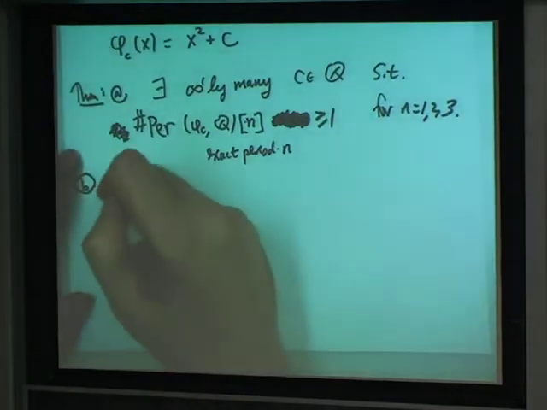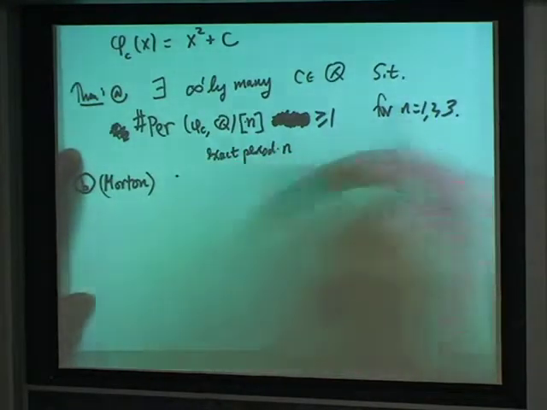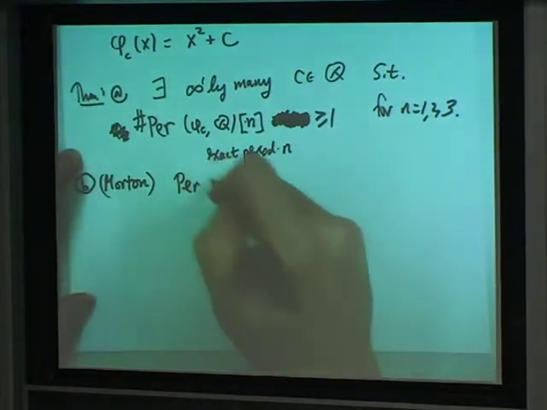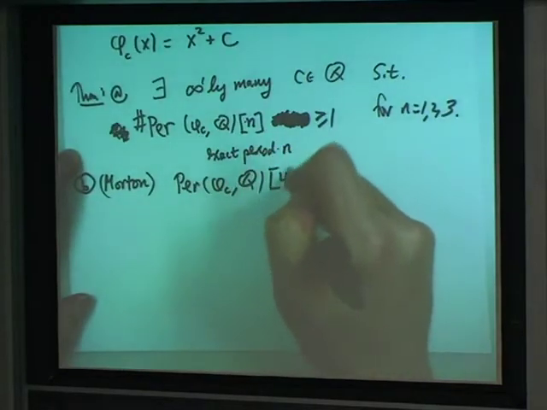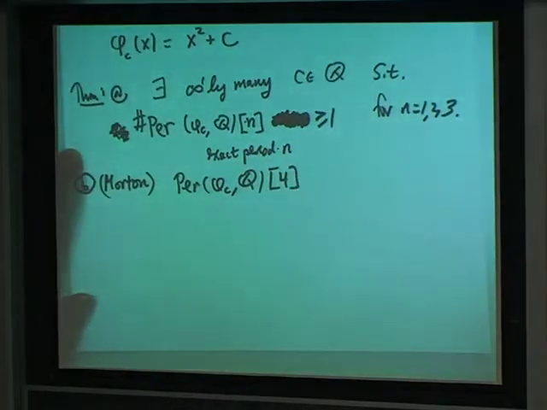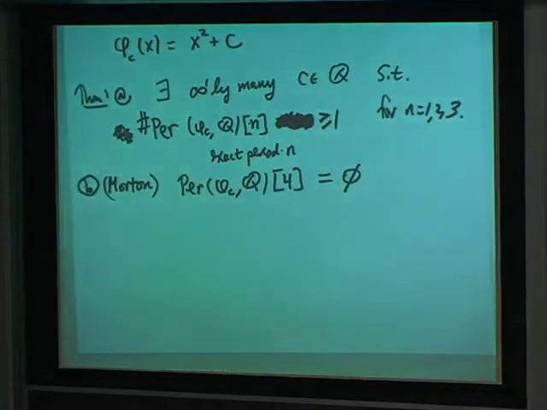And Patrick Morton proved that if you look at rational periodic points of period 4, there are none. Okay?